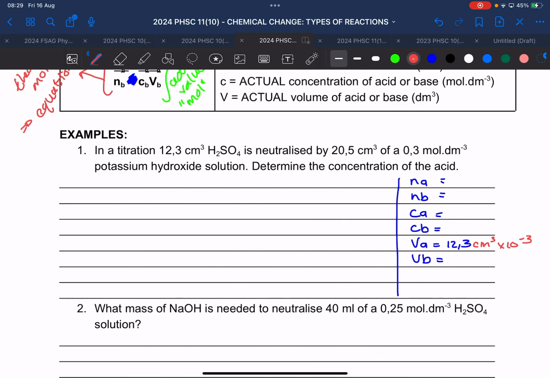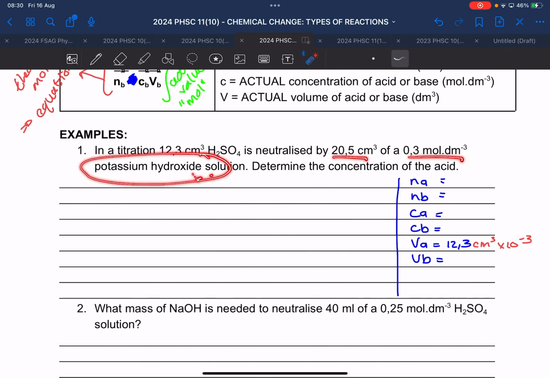What does VB stand for? Yes, so you should know this: this information is regarding potassium hydroxide, and potassium hydroxide is a base.